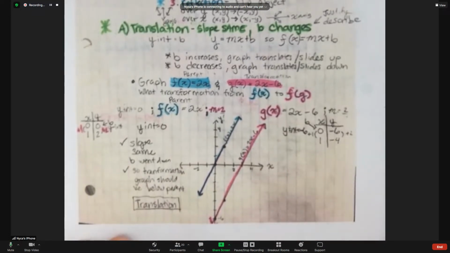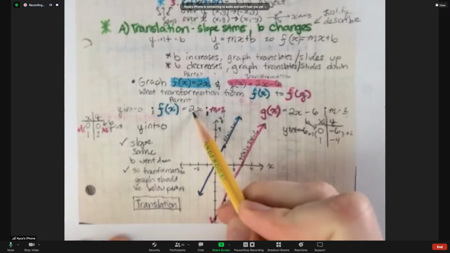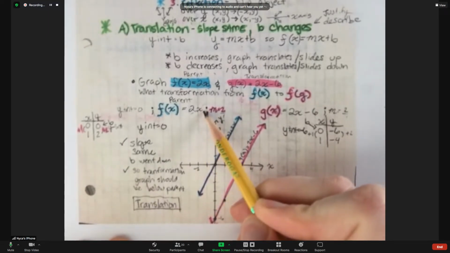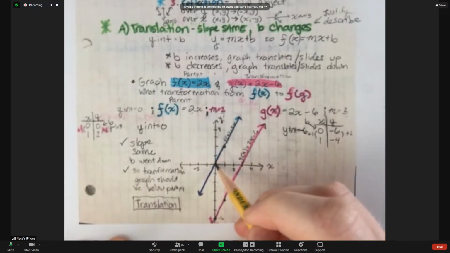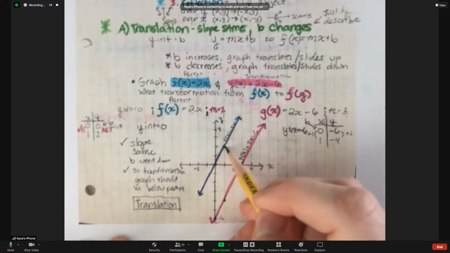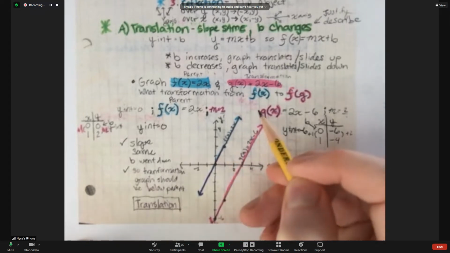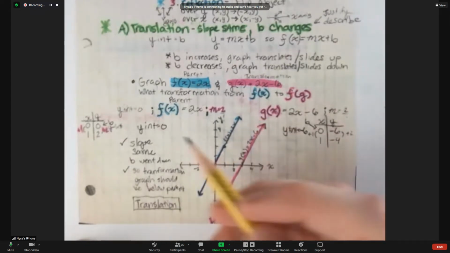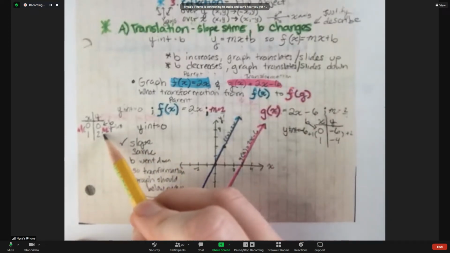There are 2 ways to graph. You could find the slope. I see my slope is 2, and I don't see a b. That means that it starts at the origin. So you put your dot at the origin, and then you use the slope. Up 2 over 1, get a second dot. For a linear equation, you only need 2 plots to make a line, so then I can just draw my line. Otherwise, don't forget, you can always use your t-table.